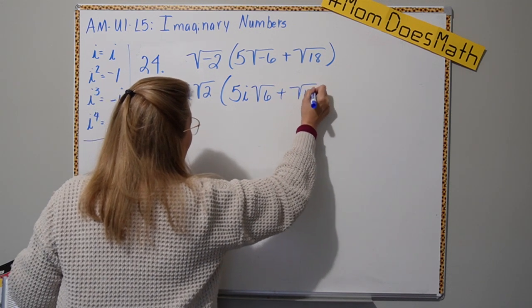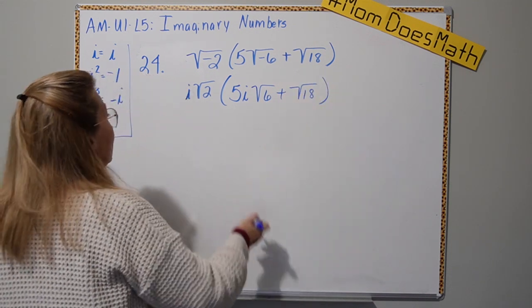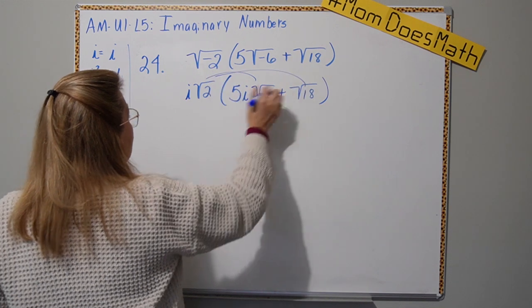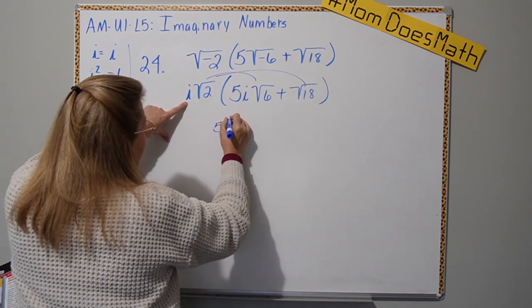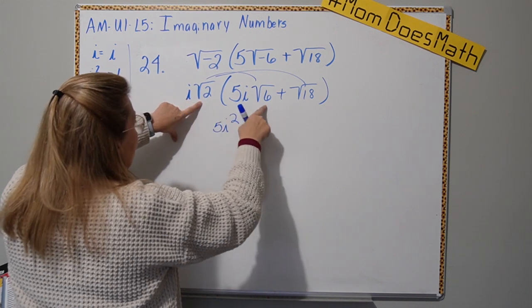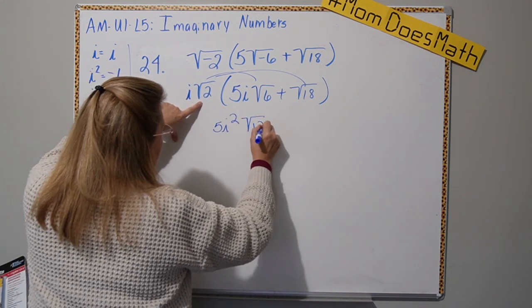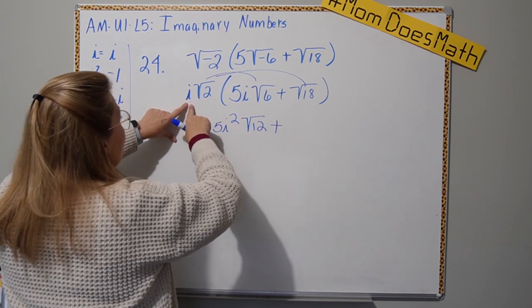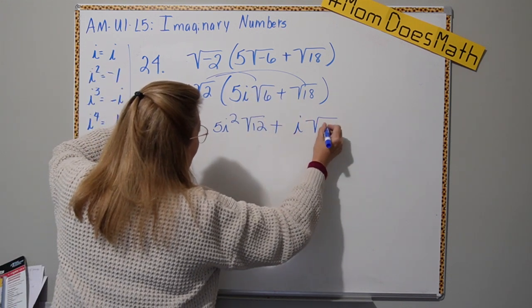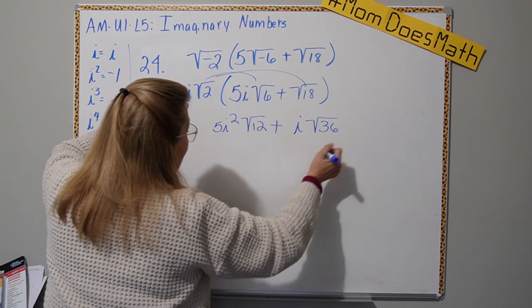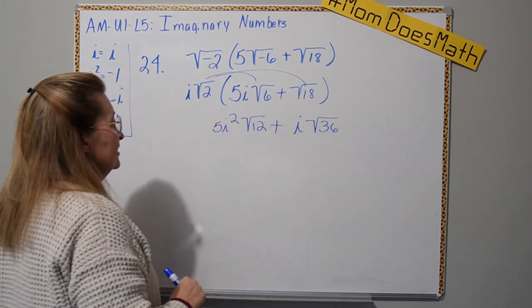And 18 is already positive, so that's fine. Now we're just going to distribute. i times 5i will give us 5i², and 2 times 6 gives us √12. Down here, i times √18 will give us i times the square root of 2 times 18, which is 36.